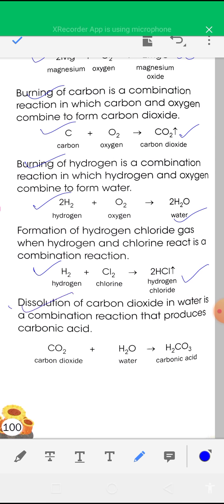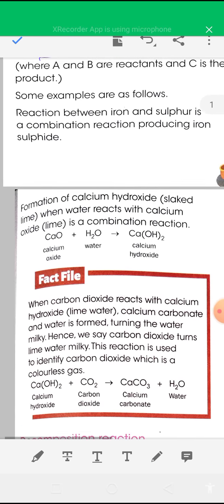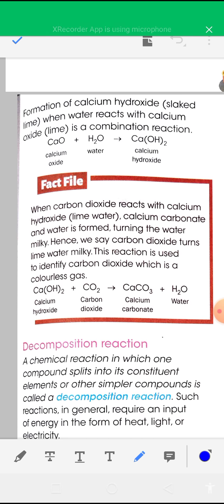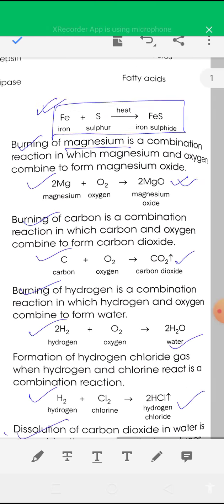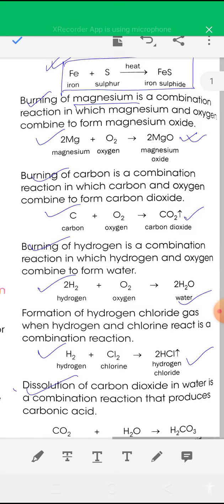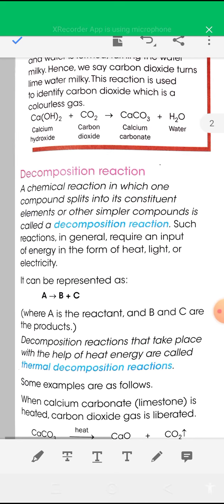Dissolution of carbon dioxide in water to give carbonic acid, and calcium oxide when dissolved in water will give calcium hydroxide. All these reactions are examples of combination reaction or synthesis reaction.